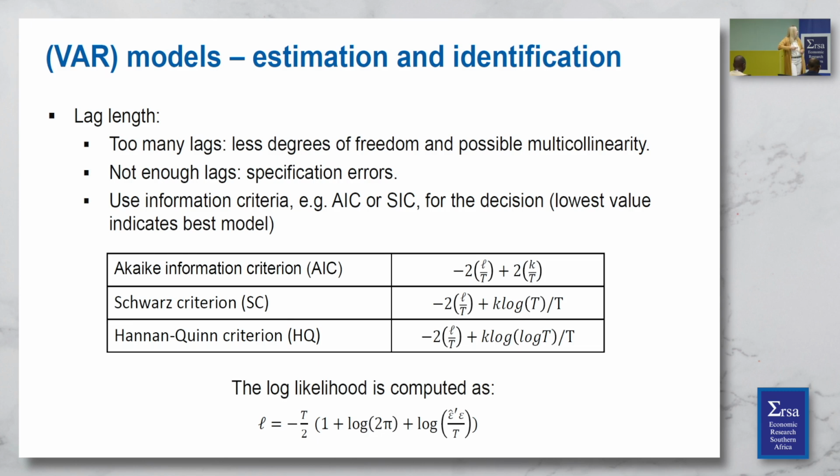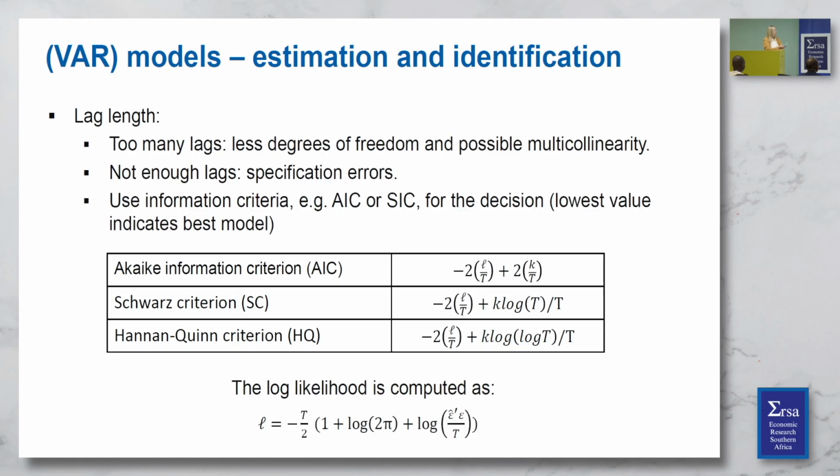So it will penalize the system less so it will give a simpler, more parsimonious model, if that's what you're after. If you're after more accuracy, you may want to stick with that one. But just in practical terms, if you then look at your impulse responses, there's a lot of noise in there. It's not smooth. So sometimes it's better to trade that off and go for a shorter lag.